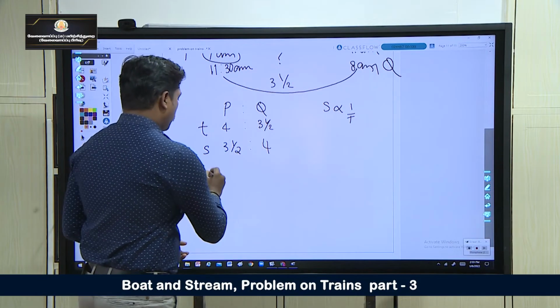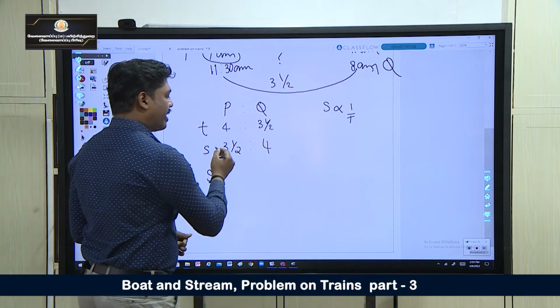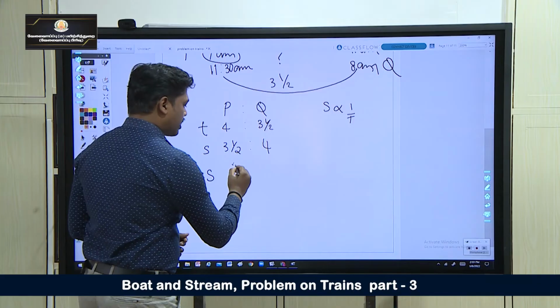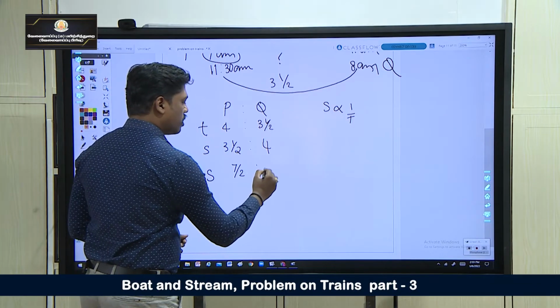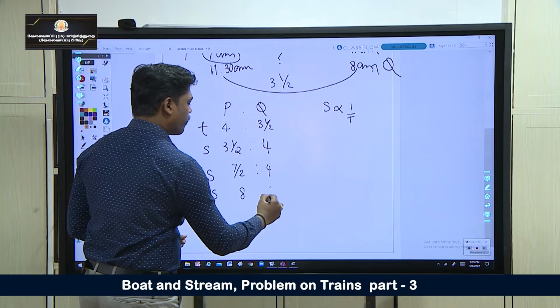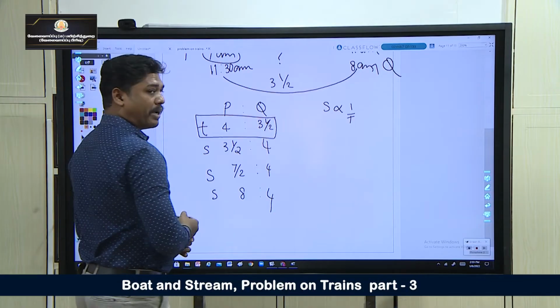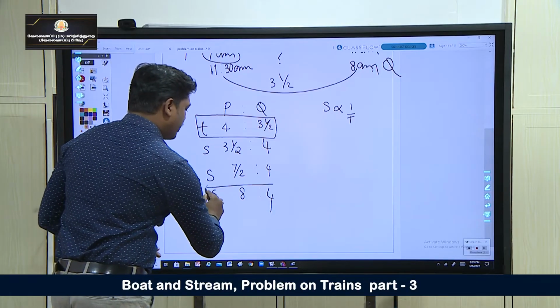Now convert this into a mixed fraction. You will be getting 7/2. So 7/2:4, or I can take the speed as 8:4, and the time ratio is 4:3 1/2.